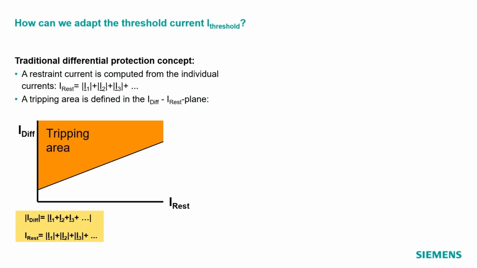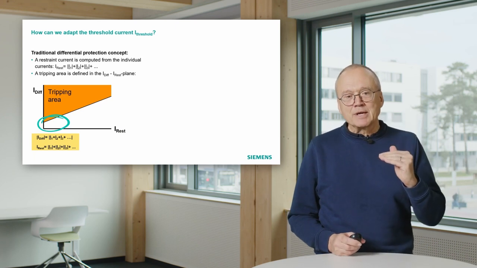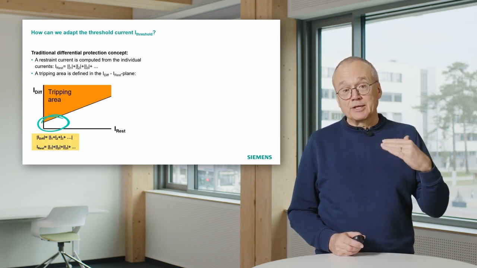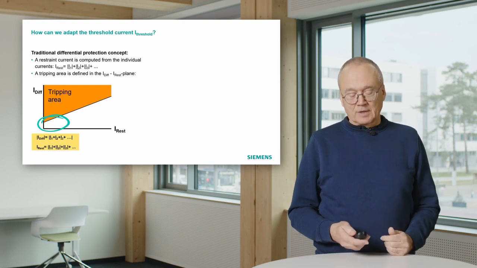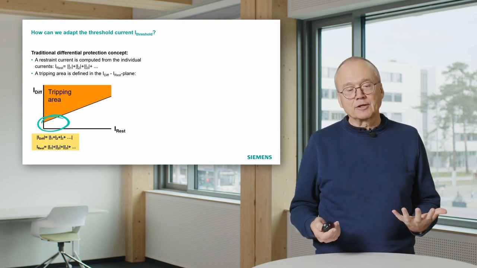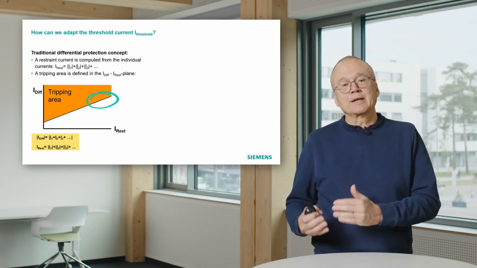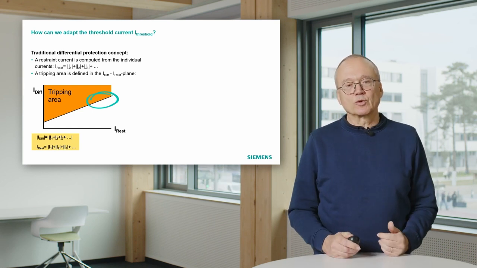And that means as long as you have low currents flowing, that means the restraint current is low, then the limit where the tripping area begins, this threshold value, is lower. And if you have high currents flowing, think about our through fault, then the limit where we do the tripping is higher.